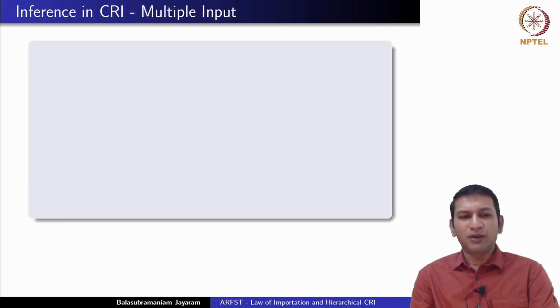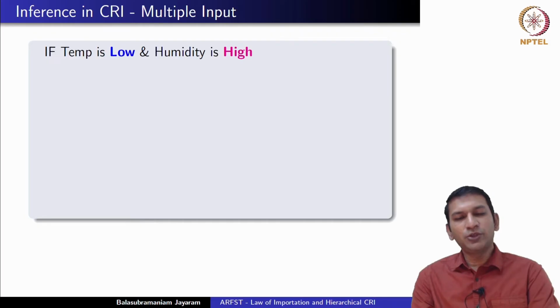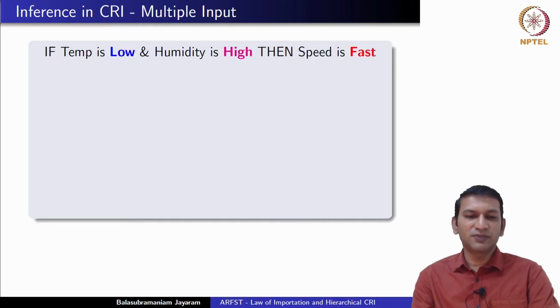Now, what happens in the case of multi-input single output rules? So let's consider just one of them. We have seen this before too, that we need an antecedent combiner, and we then deal not only with 2D matrices but also 3-dimensional matrices if we have two inputs. So if the temperature is low and humidity is high, then speed is fast.